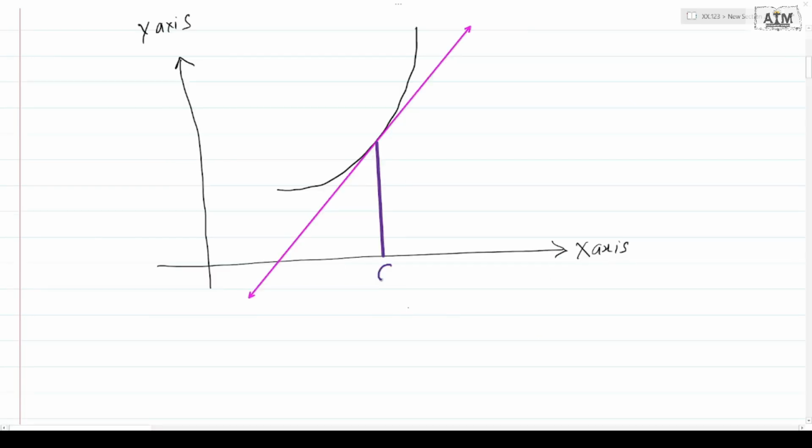Suppose this is the point A, x equals to A, and the given graph is, already we know, y equals to f of x.